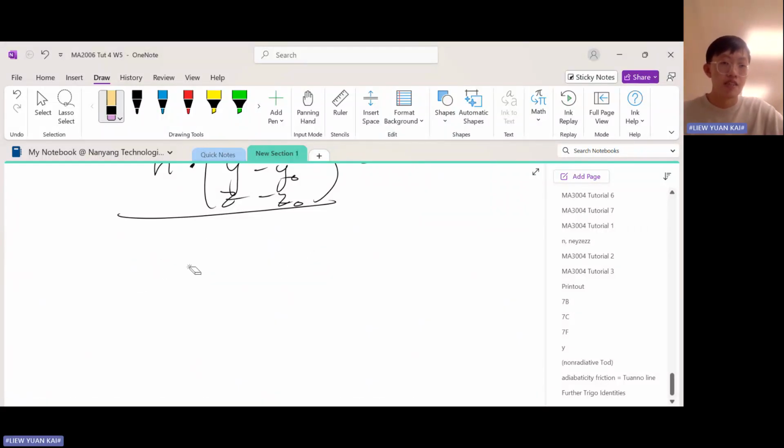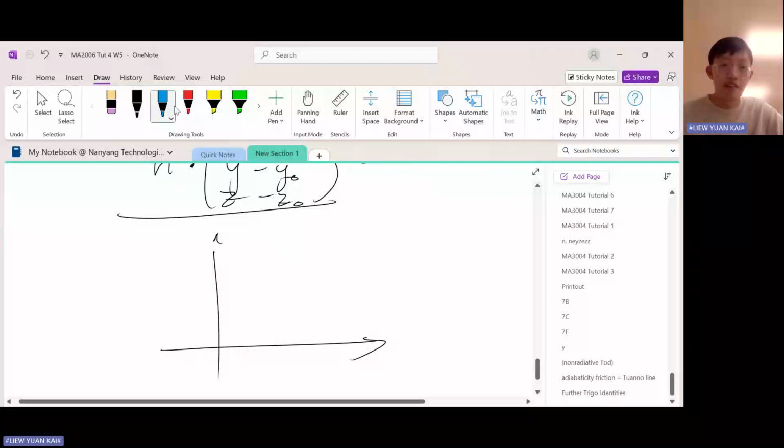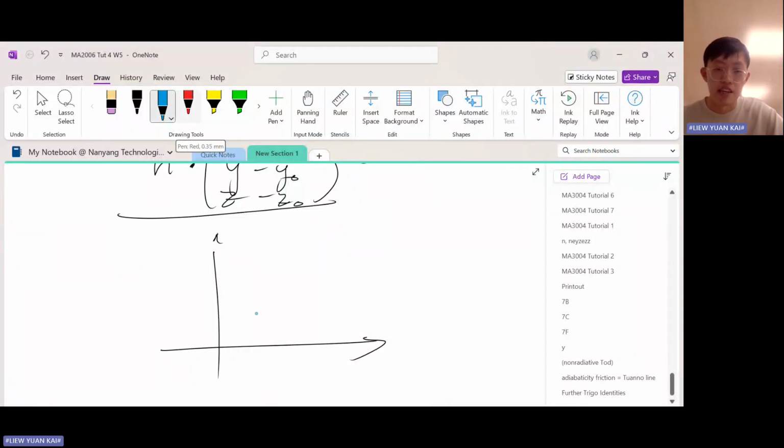In 2D space, the gradient will control how much it slants. Like this is one gradient, like this is another gradient, like this is another gradient. And then the y-intercept fixes the position of the straight line.